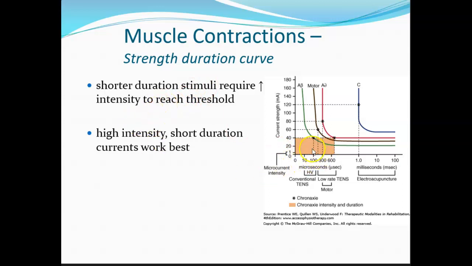If I'm only going to apply this for a short duration, I've got to have a little bit higher intensity to reach the threshold. And typically what we've seen is that high intensity, short duration currents are very effective at accomplishing sensory stimulation or motor stimulation without the pain. Sometimes, like I said, we want noxious, but anyway, that's what's going on.